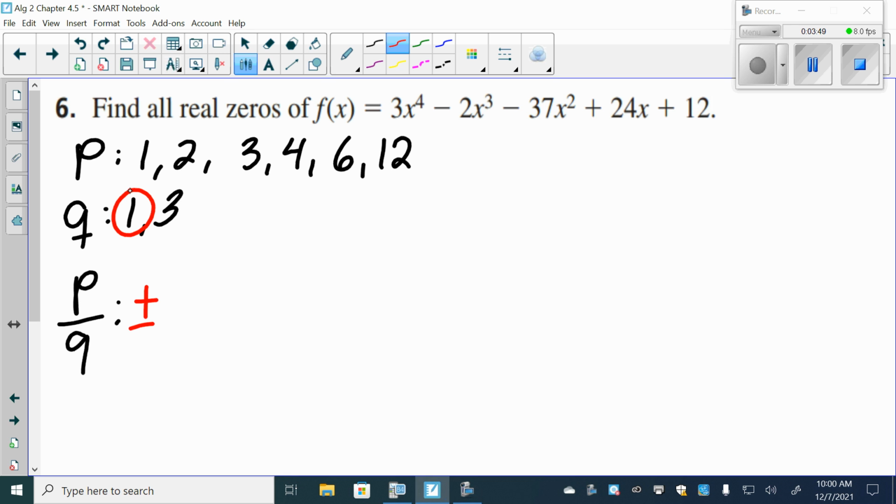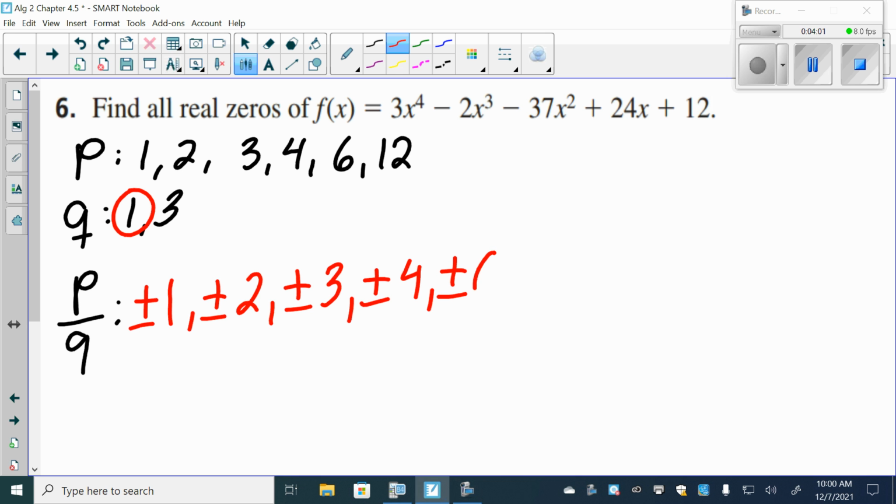So we're going to first divide all the values of p by 1, which will really give us plus or minus 1, plus or minus 2, plus or minus 3, plus or minus 4, plus or minus 6, and plus or minus 12. Because when we divide by 1, it's really not changing anything.